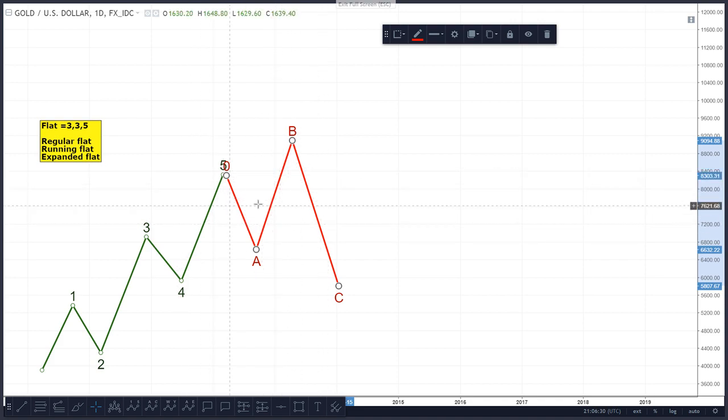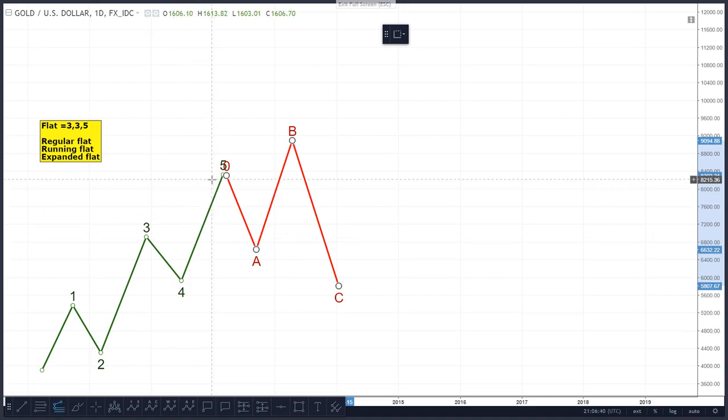Now there are some important fib levels to determine where we can expect B and C to finish in an expanded flat. So for example, if we calculate the length of A, so let's do it from here.